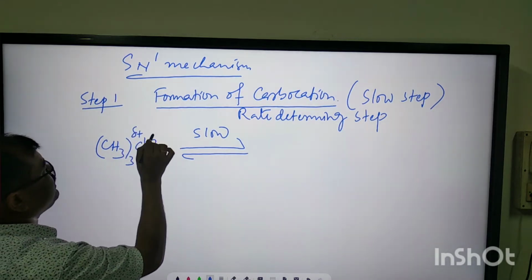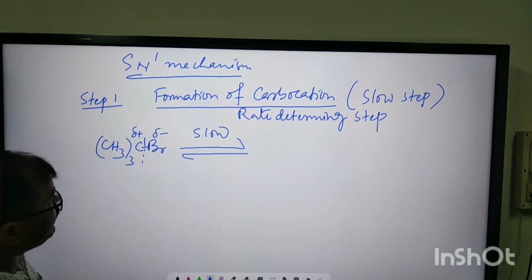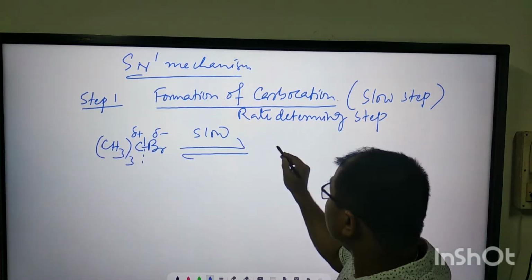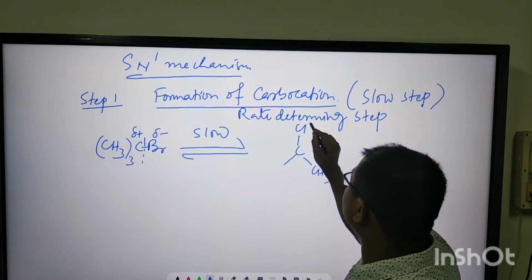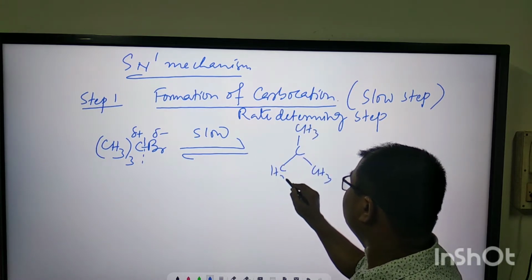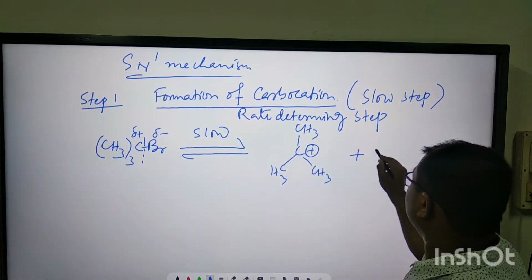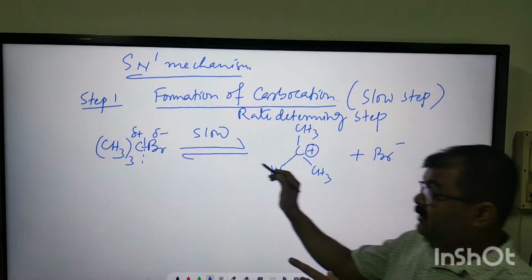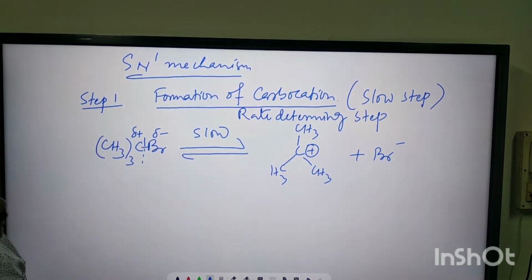Here it is delta plus, delta minus, partial positive and partial negative charge due to electronegativity difference. As a result of heterolytic cleavage, it will form tertiary butyl carbocation, and of course the halide ion, that is the bromide ion. And this is a reversible step. Slow step, rate determining step, and it's a reversible step.